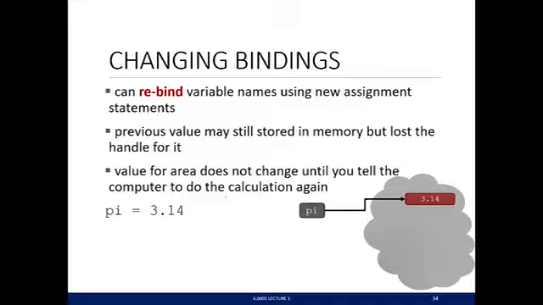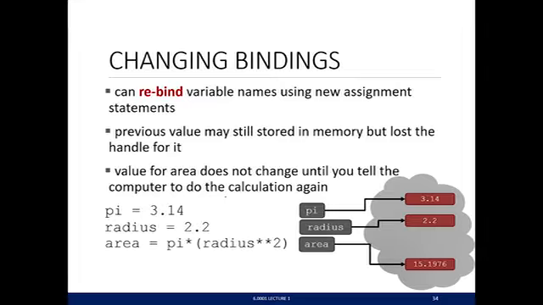So in memory, we're going to create this value 3.14 and bind it to the variable named pi. Next line, radius is equal to 2.2. In memory, we're creating this value 2.2, and we're going to bind it to the variable named radius.